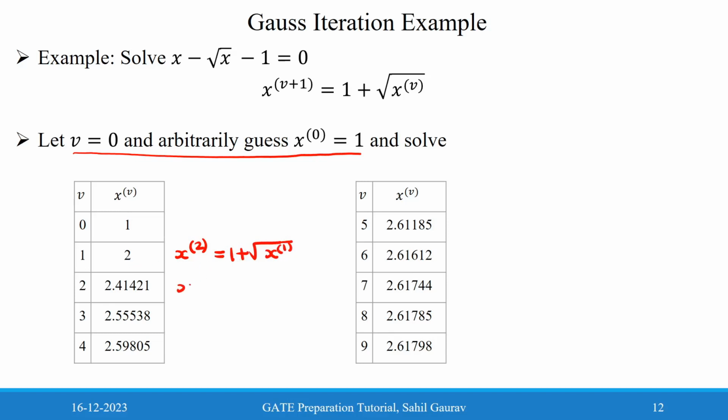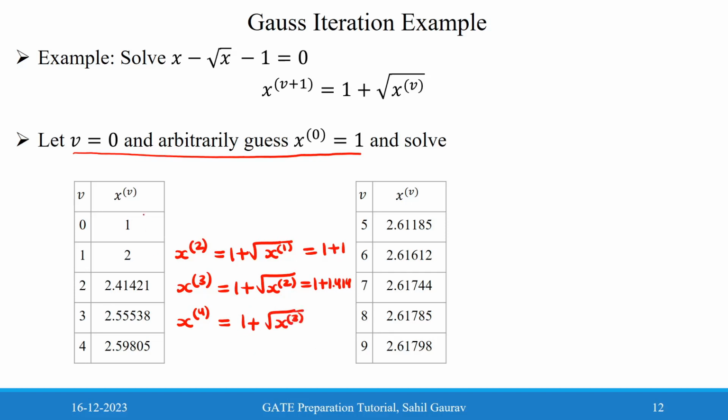Now x3 we will get 1 plus root of x2, so here we will get 1 plus under root 2, that means 2.41421. And here x4 is 1 plus 1.41421, that is 1 plus under root x3.